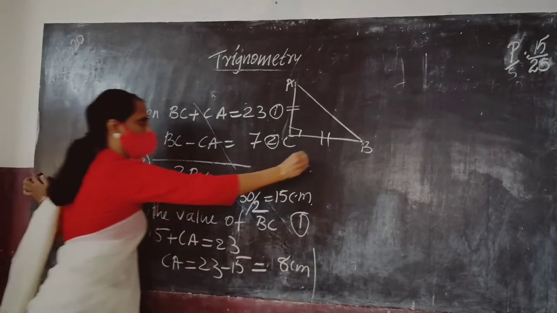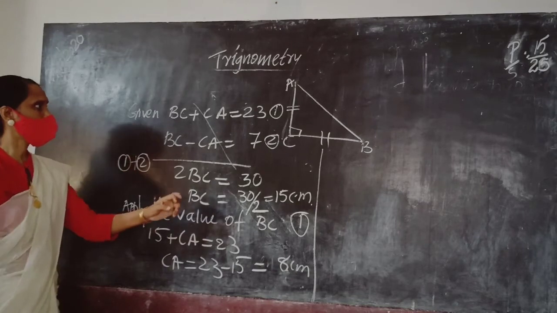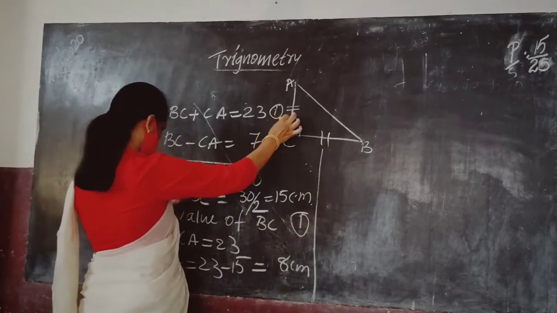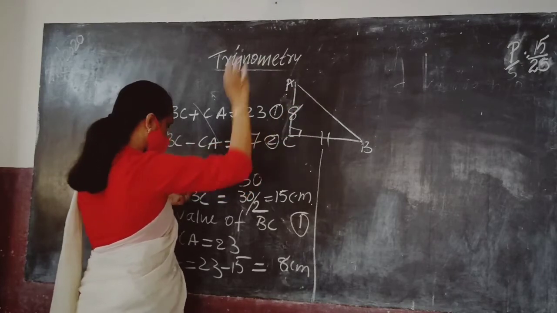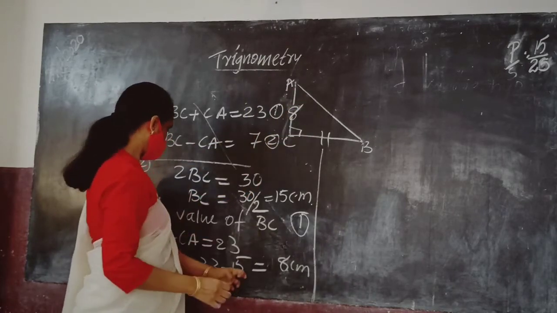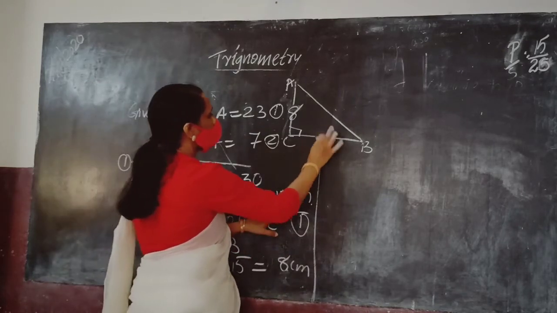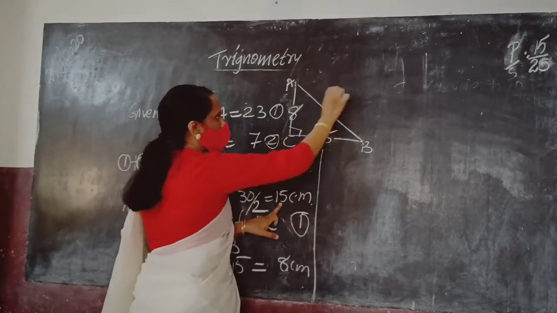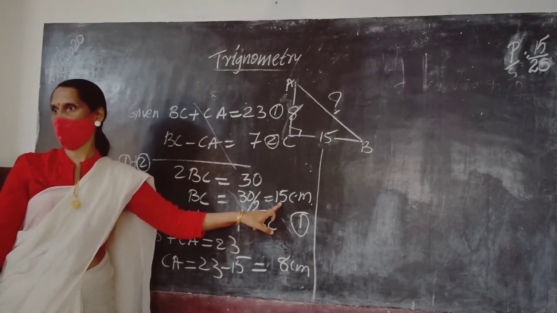So we got the length of CA as 8 centimeter, and BC is 15 centimeter. Now how to find out AB?